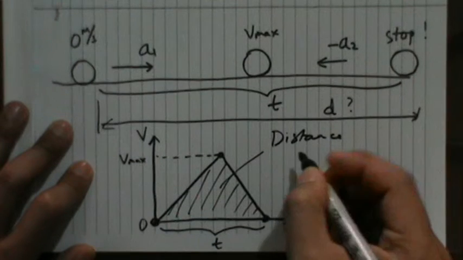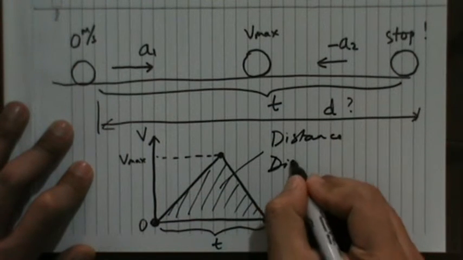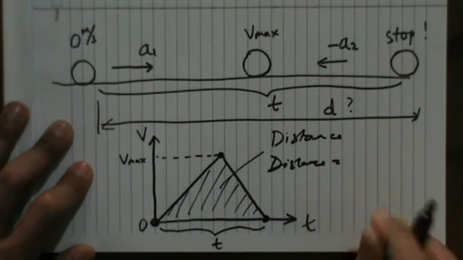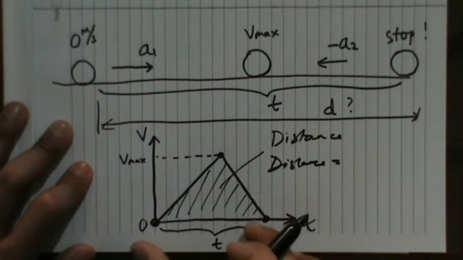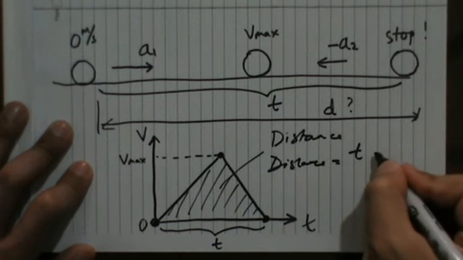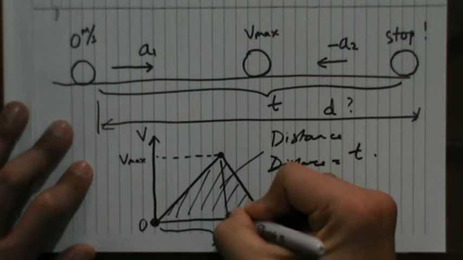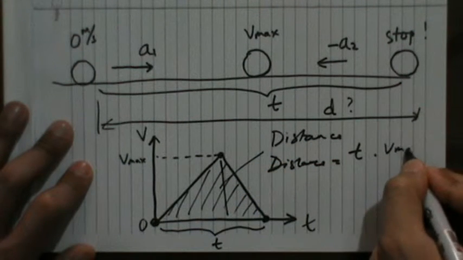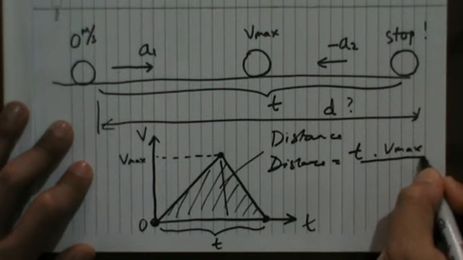So the distance traveled by this object will be the base t times the height here, Vmax, divided by 2.